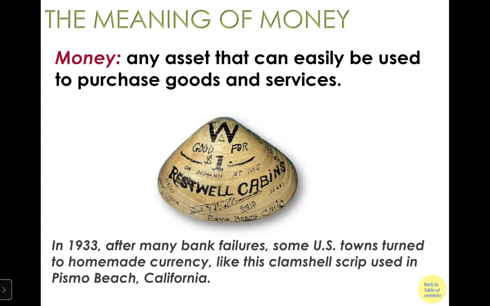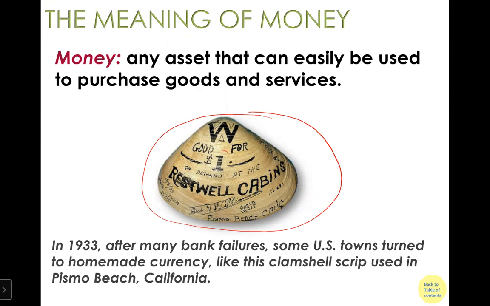And some US towns turned to homemade currency, like these clamshell scrips used in a small town in California, right? This background picture shows they used very specific things for money. If you read this, it says good for $1 on demand at the Restwell Cabins, right?